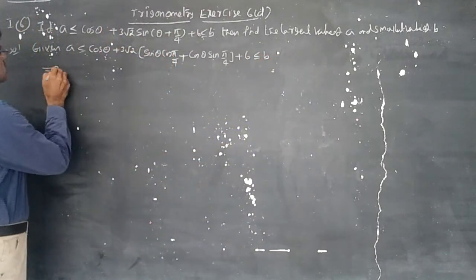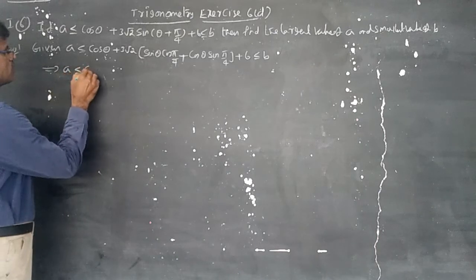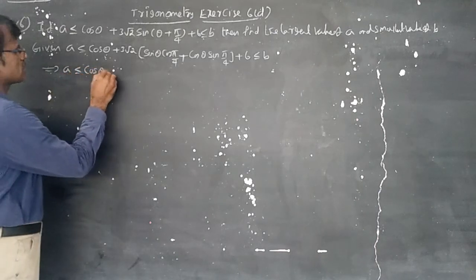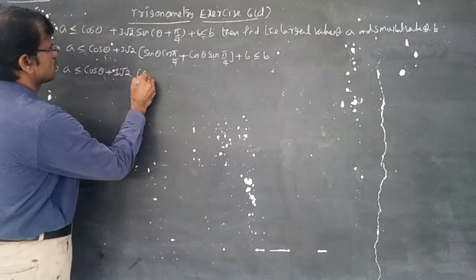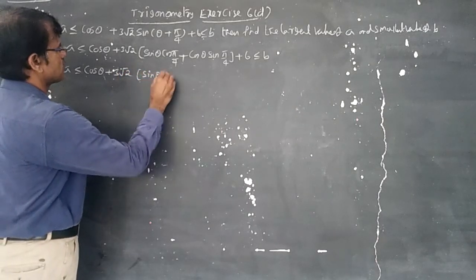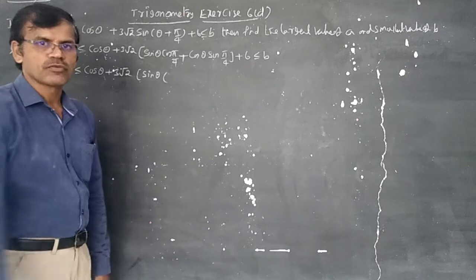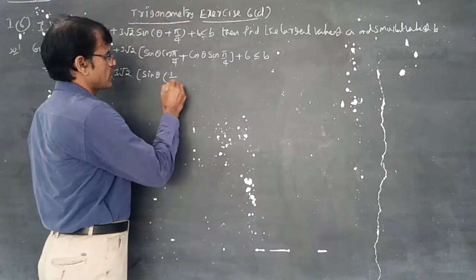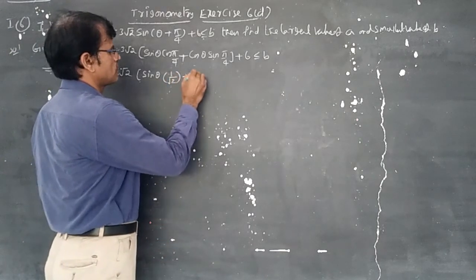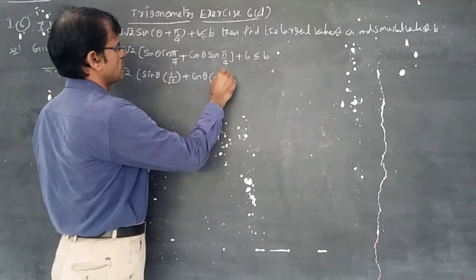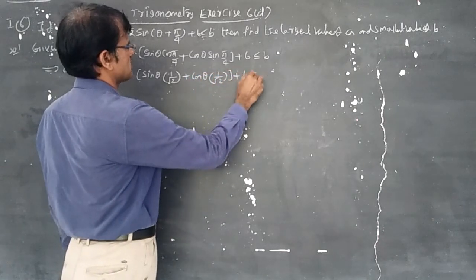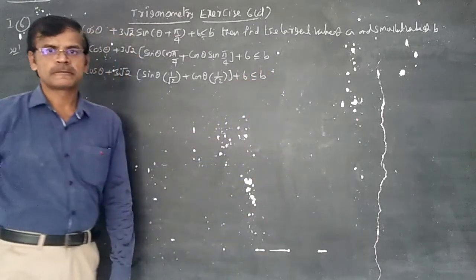That implies a is less than or equal to cos theta plus 3 root 2 into sin theta into cos pi by 4, value cos 45, which is 1 by root 2, plus cos theta into sin 45, value 1 by root 2, plus 6 less than or equal to b.